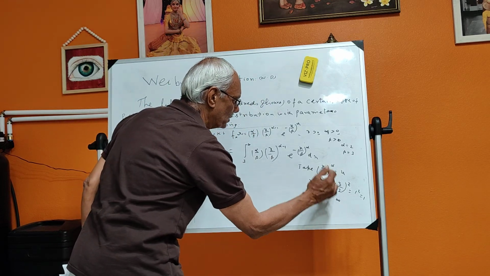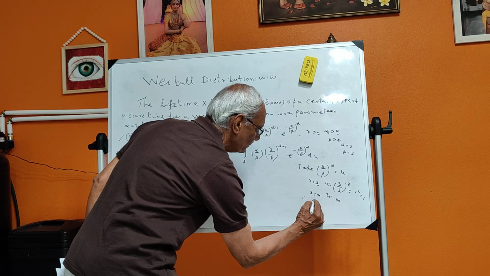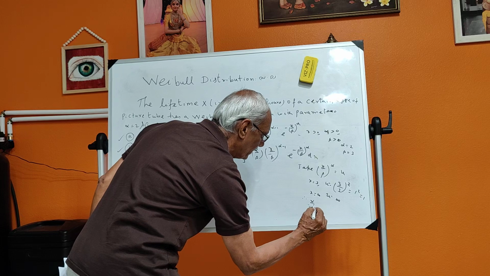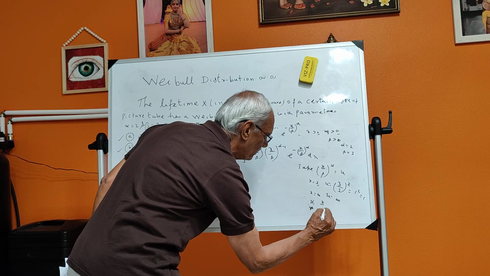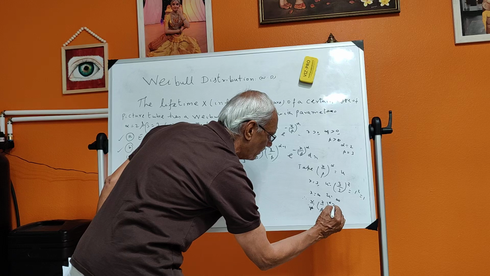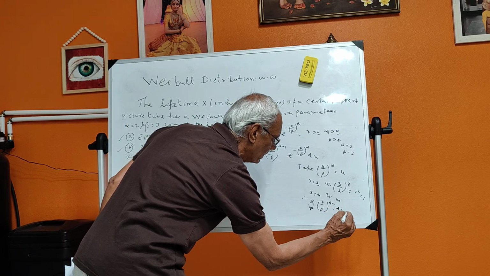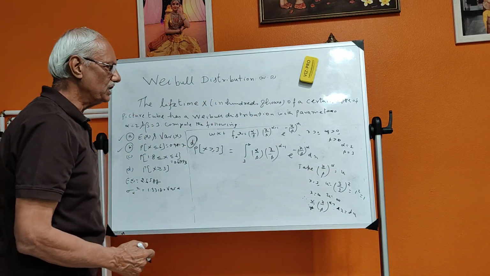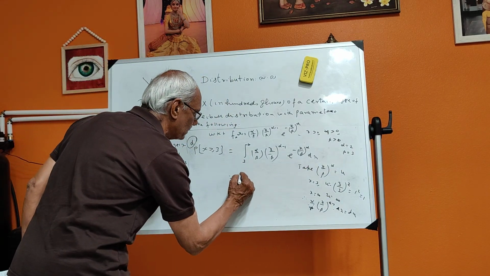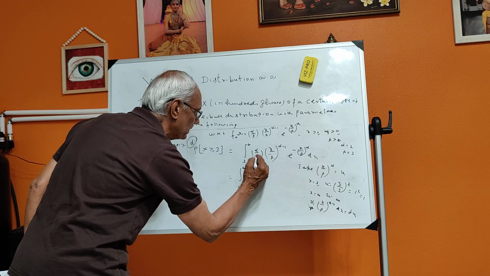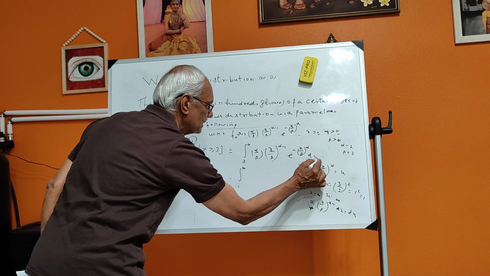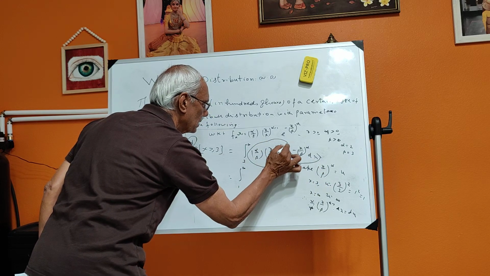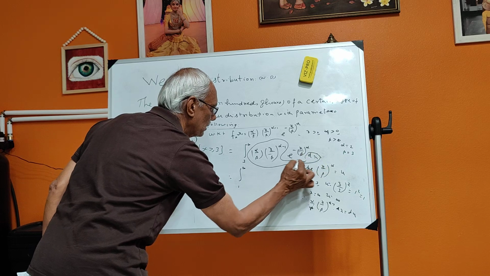Now substitute, what do you get? Alpha by beta into x by beta to the power of alpha minus 1 into dx is equal to du. Now substitute these values. Put the change of variables, so the limits become 1 to infinity, and this part becomes du.